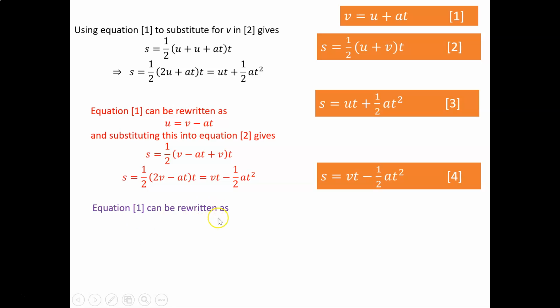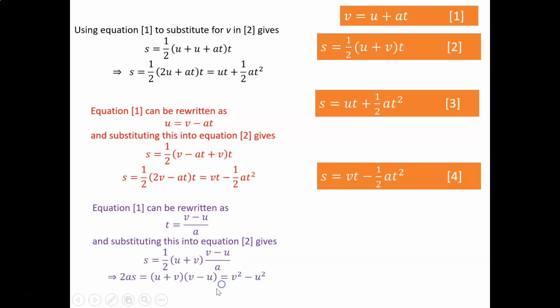Equation 1 can be rewritten as t equals v minus u, all divided by a. Substitute that into equation 2, and we get s is equal to half of u plus v, times v minus u divided by a. Now u plus v times v minus u, there's an imaginary bracket around that, gives us a difference of 2 squares.